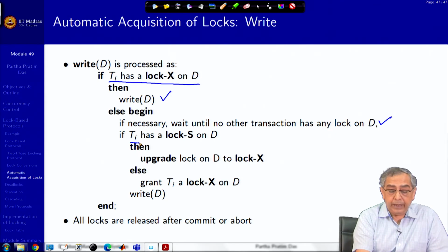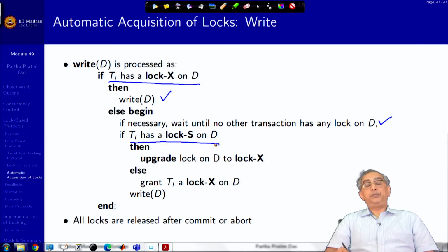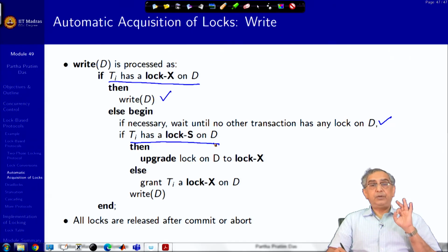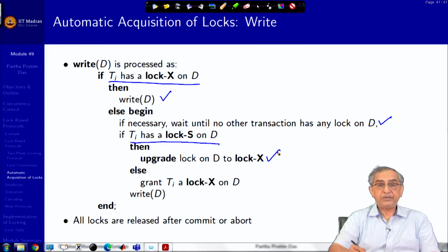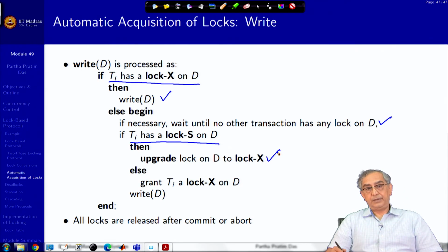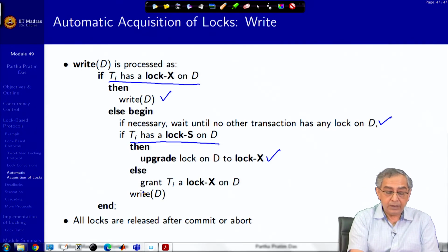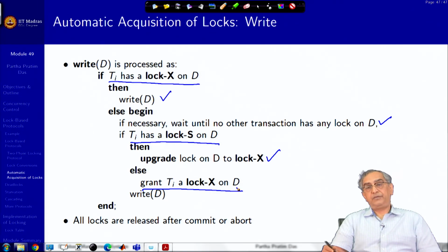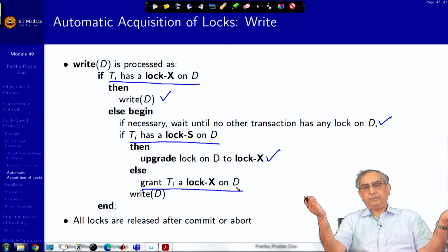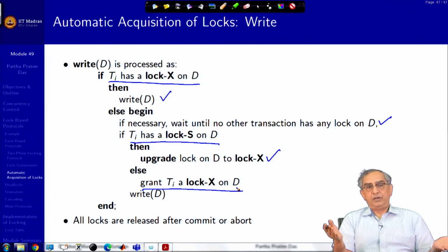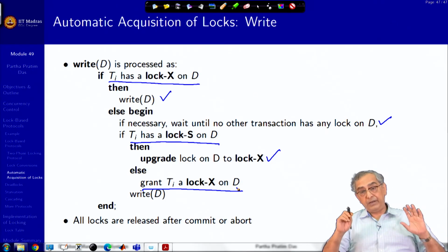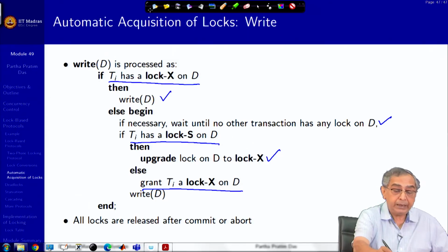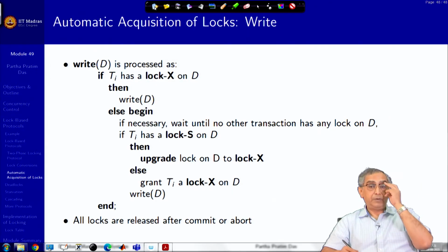Now, if you are the only person, this transaction Ti is the only transaction which has a shared lock, then you will request for an upgrade. If not, then you will request for a grant of the exclusive lock. These are just enumerating the possibilities, so that before you write, you necessarily hold a exclusive lock. Before you read, you necessarily hold a shared lock, and you relieve the programmer from the burden of putting it at every place.